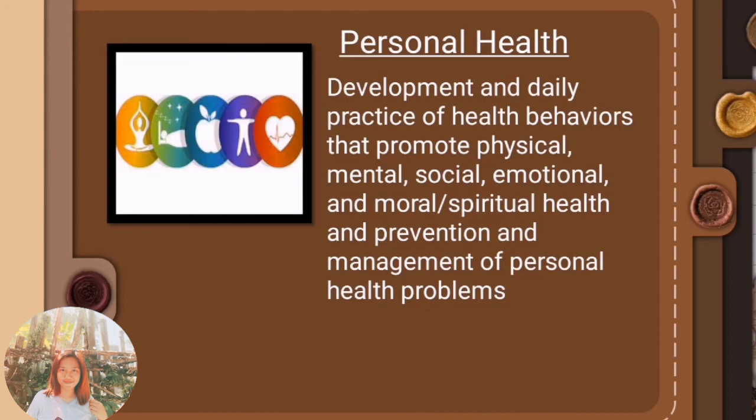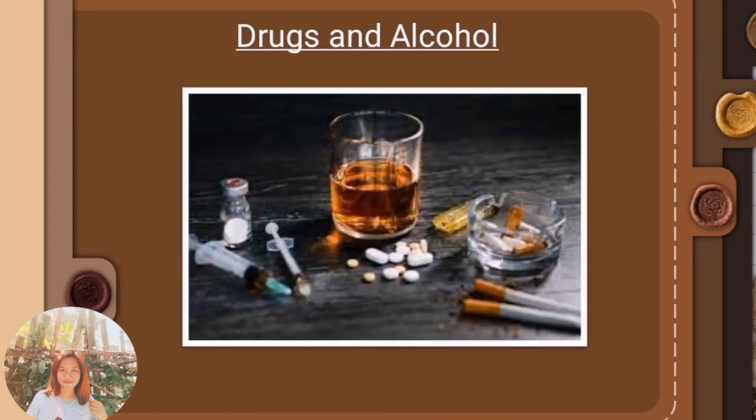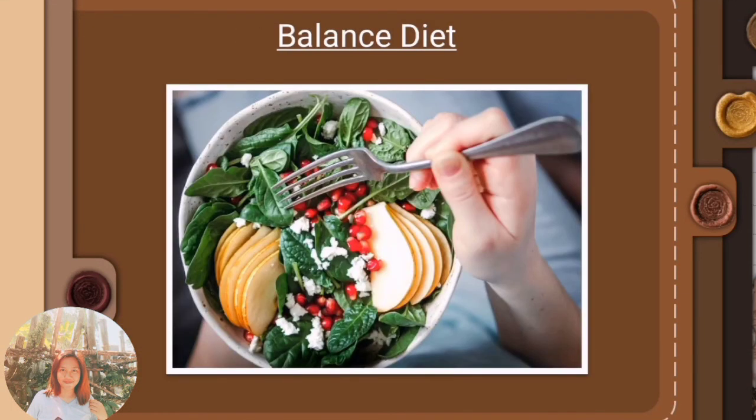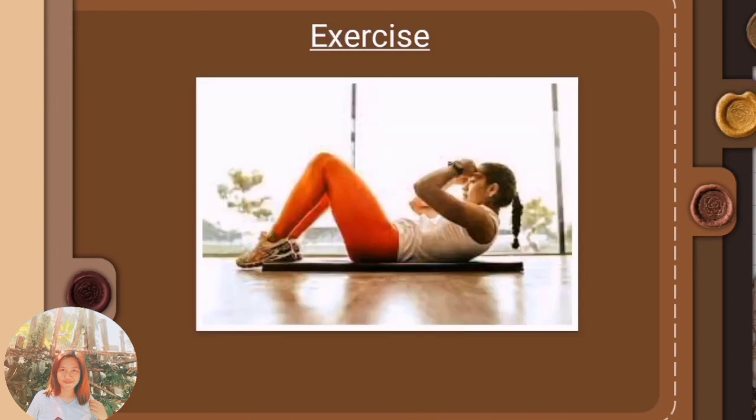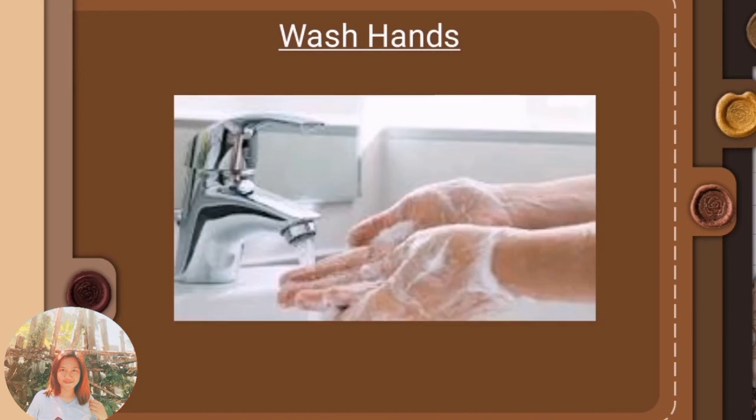Personal health. Some preventive health care practices that people can take are avoidance of smoke and substance abuse such as drugs and alcohol, eating a healthy diet low in fat, exercising routinely, brushing teeth regularly and frequently, and washing your hands.